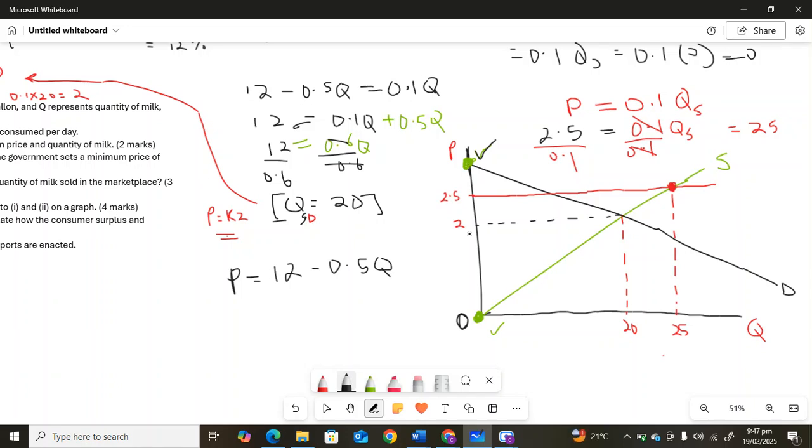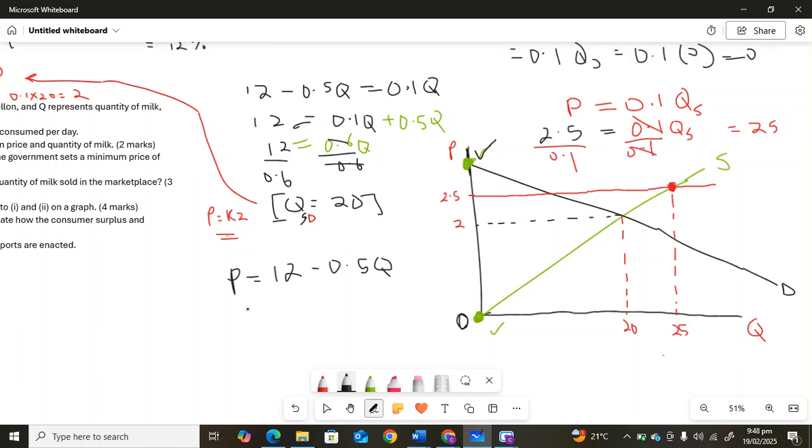To get these values on the y-axis, just equate Q to 0, okay, colleagues? That's what you should remember.